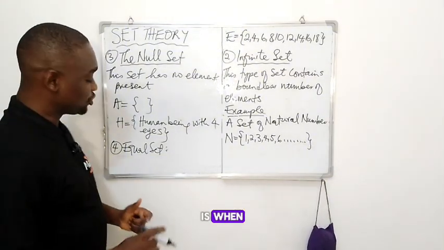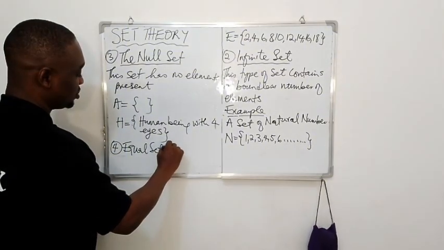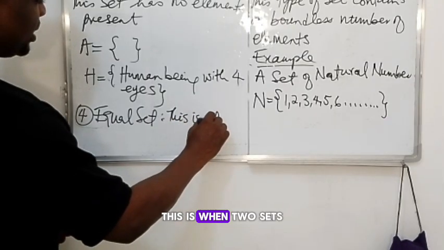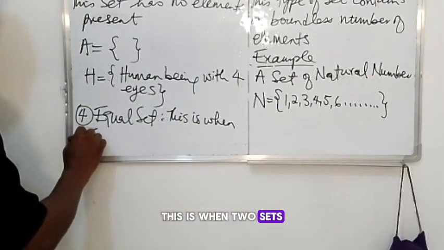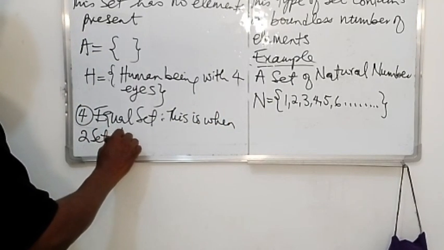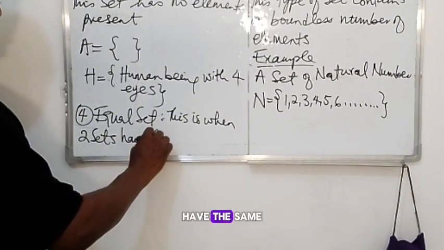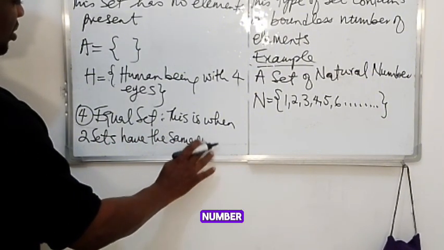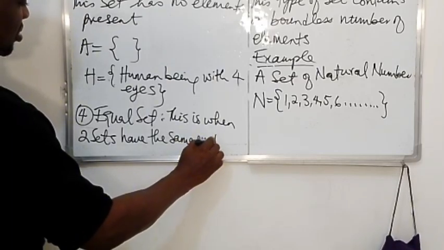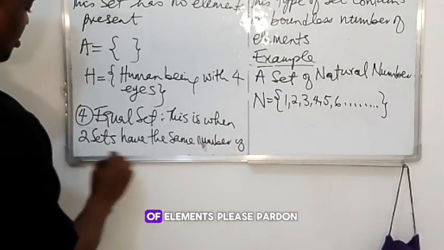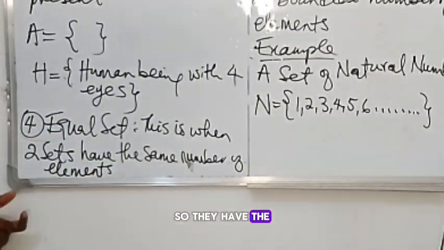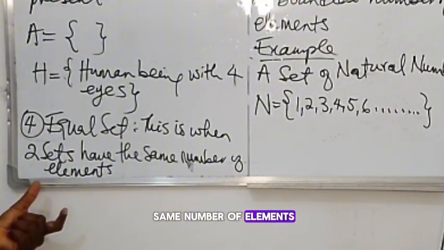Equal set is when two sets have the same number of elements. Please pardon my writing here, please. So they have the same number of elements.